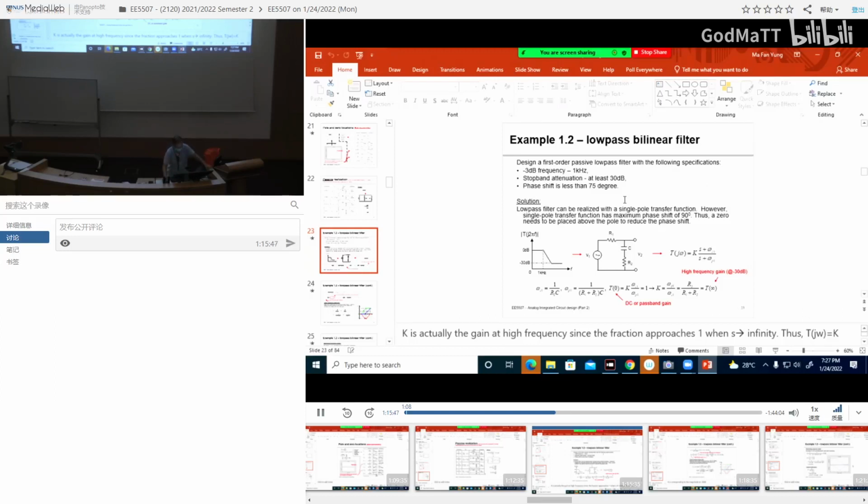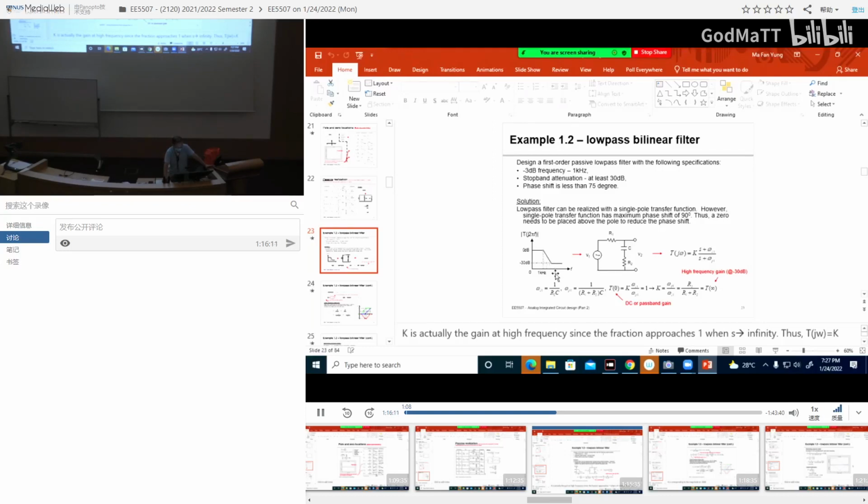So at low frequency, my gain is 1 or 0 dB. And then I want 3 dB at 1 kilohertz, so I know that this edge has to be at 1 kilohertz. And then it's a bilinear, that means my pole must be at 1 kilohertz. And then it will start dropping.